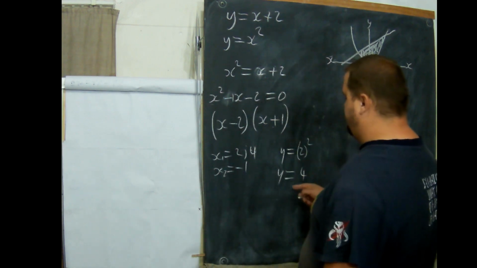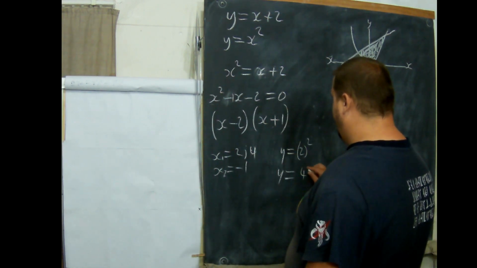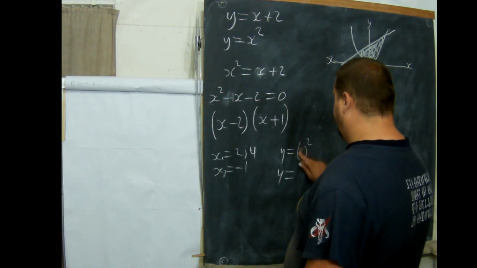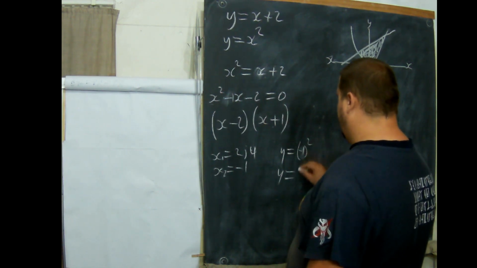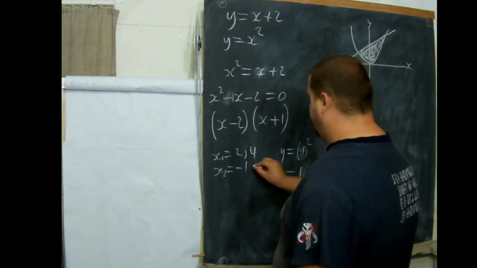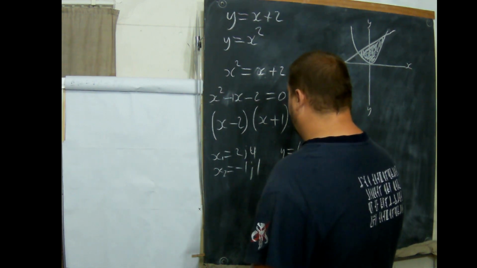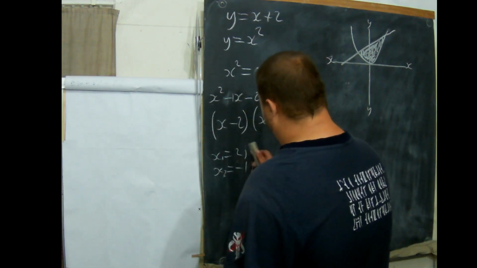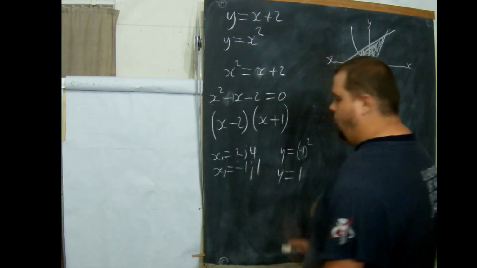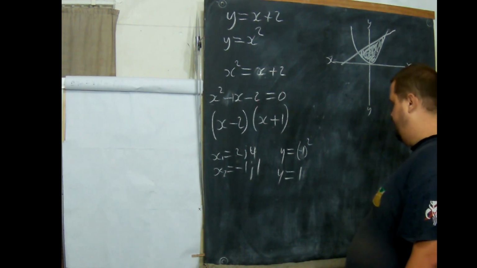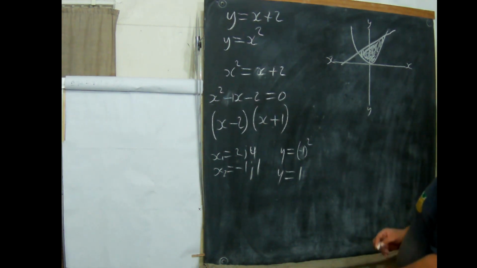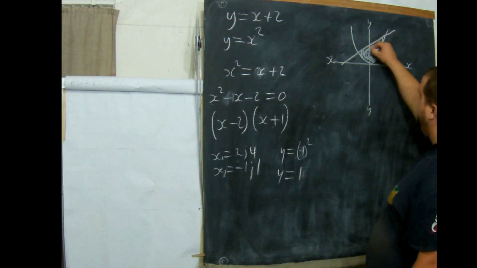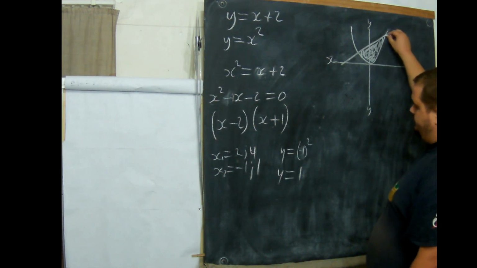We plug x equals minus 1 into x squared, and minus 1 squared is 1. So our coordinates are 2 and 4, and minus 1 and 1, which makes sense because here's minus 1 and 1, and here is 2 and 4.